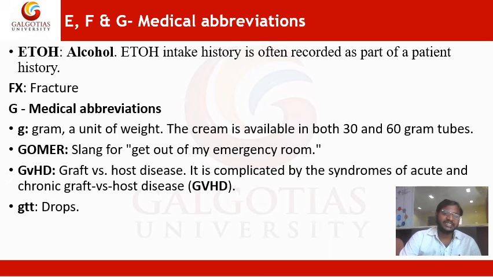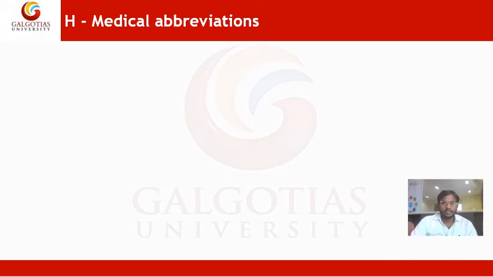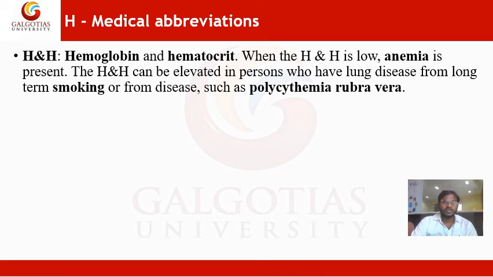Next one, GTT, drops: eye drops, oral drops. If they mention GTT with the medicine name, it means drops. In this slide, we can see the medical abbreviations related to H: hemoglobin and hematocrit.